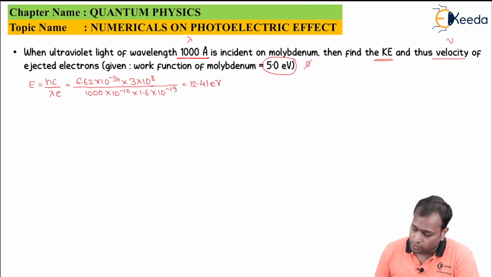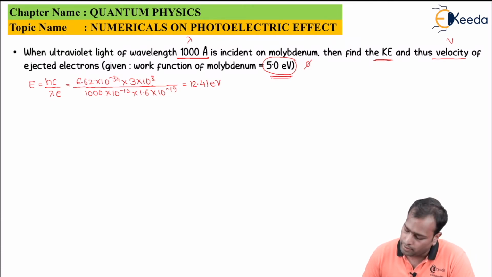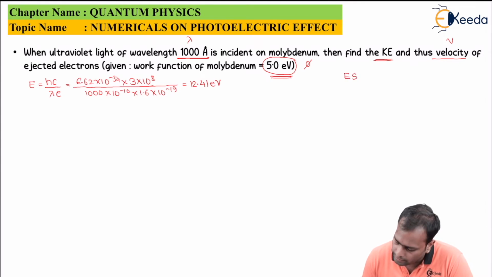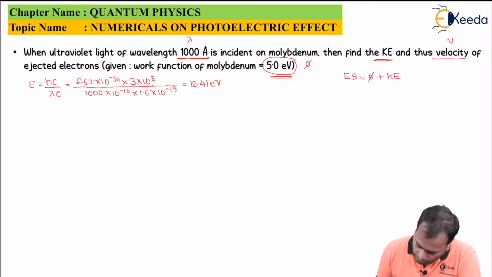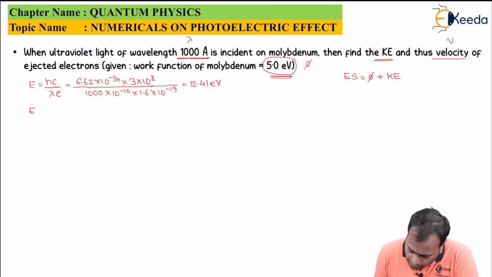Well, the answer to this is your work function. Now you need to know the main crux formula of this chapter, that stands as energy supplied equals phi plus kinetic energy. To find the kinetic energy, of course you would want your phi to get subtracted from your energy supplied. Since your phi or the work function is already in terms of electron volt, it would be easier for me to convert my ES in the very first step in terms of electron volts, so that I won't be getting into much calculation. Now I'll be using this formula, ES equals phi plus KE.